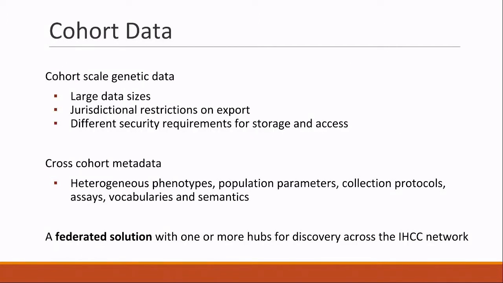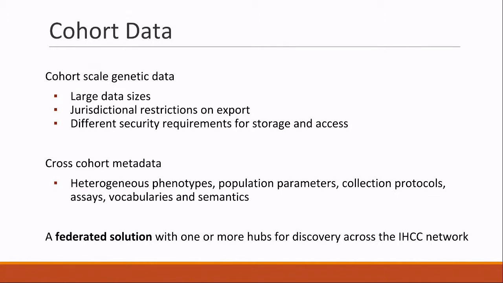Okay, so if you think about cohort data and where it's going, in terms of the large-scale genetic and genomic projects that are starting to happen around cohorts with the decrease in the cost of genotyping and sequencing, we are talking about very large data sizes.